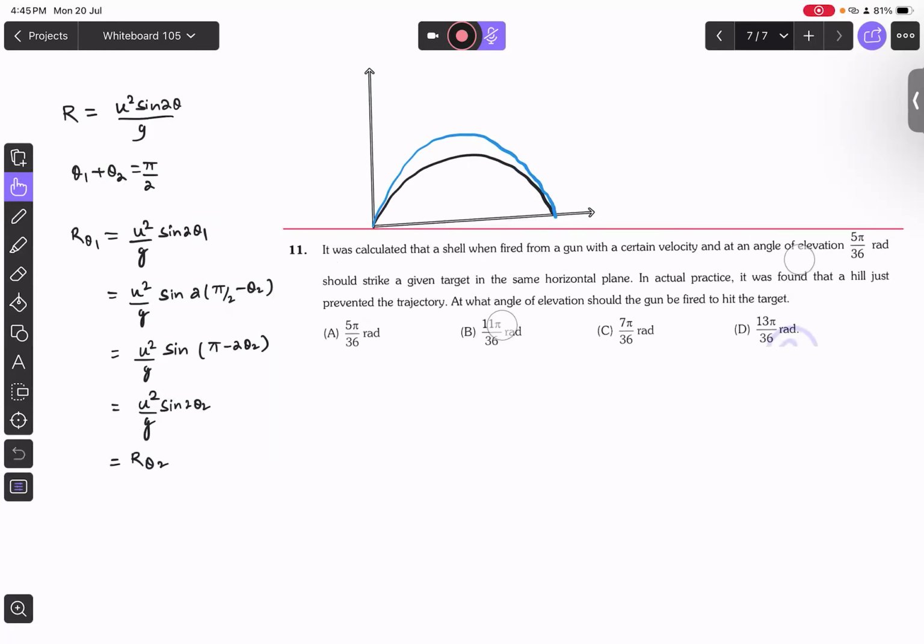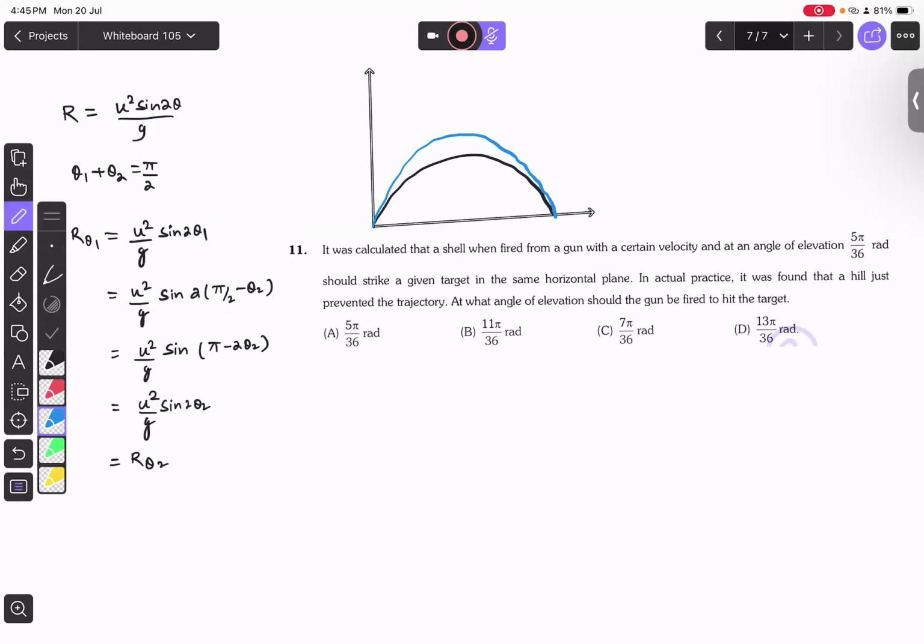So theta 2 will be pi by 2 minus theta 1, and the theta 1 you take as 5 pi by 36. That will be 18 minus 5, so that is going to be 13 pi by 36. That's all. Understood? Yes, sir. Next, tell me.